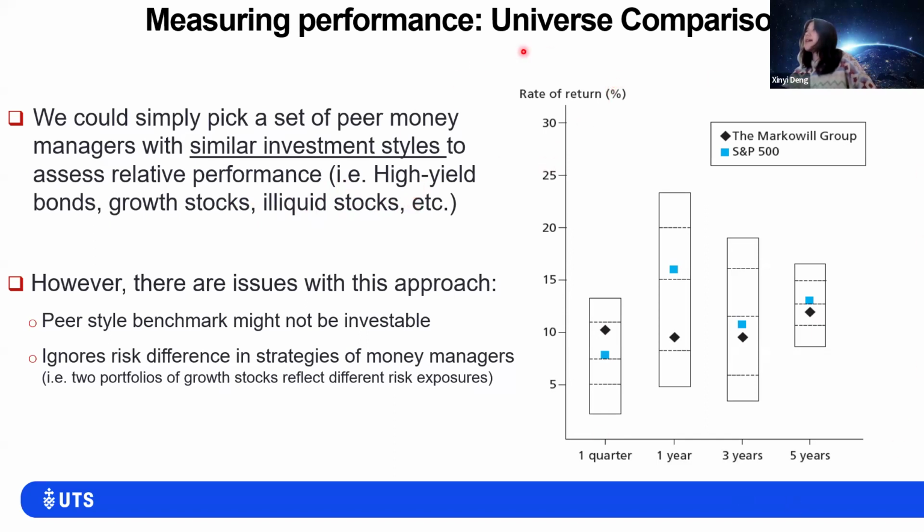And on the right hand side, we have a graphic example of the universe comparison method. Here we have data on this fictitious group named the Markoville group, and this figure represents the percentile location of this investment firm's funds within the comparison universe.